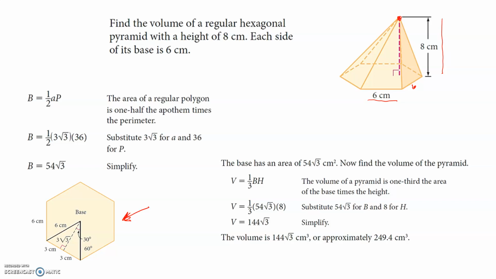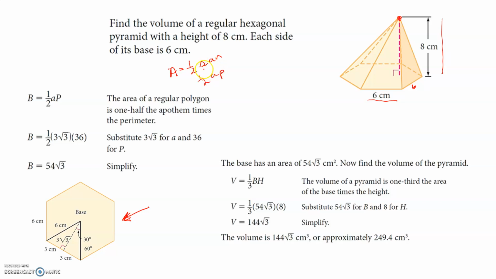So they say, okay, let's start working with this. They're going to find the area of that base first. So they say that that base is a regular hexagon. So remember the regular hexagon? The area of a regular hexagon, a regular polygon, is equal to 1/2 SAN or 1/2 AP.